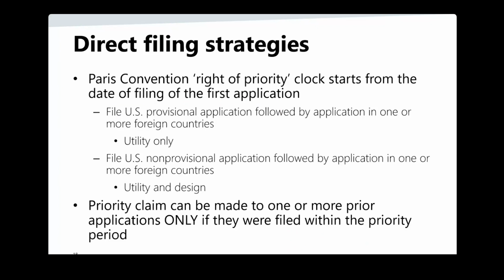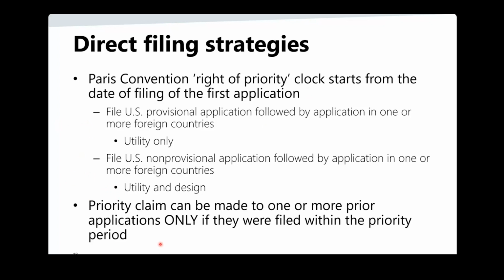We'll call this a right of priority clock, which starts from the date of filing of that first application. That first application can be a provisional application if we're talking about a utility application, or if we're talking about a design application, it must be a non-provisional application, or of course a utility.